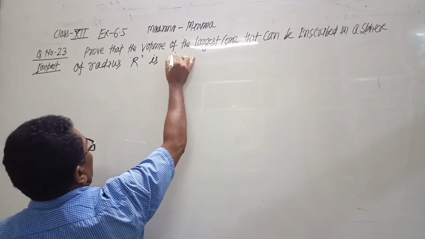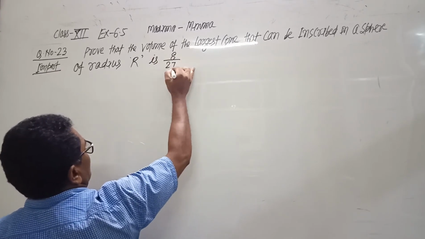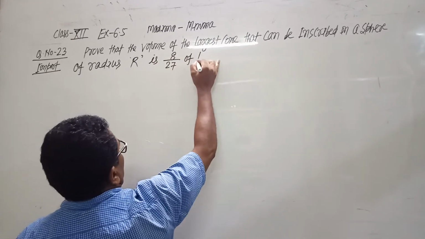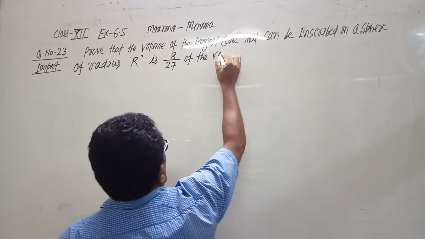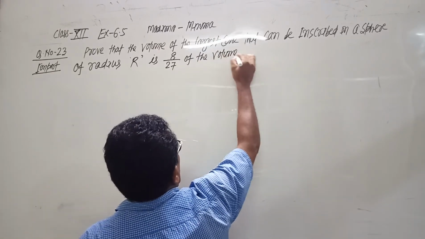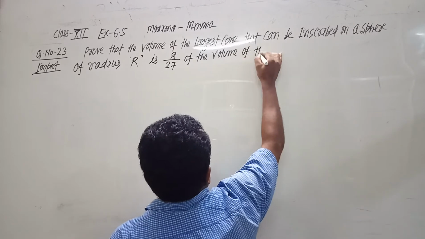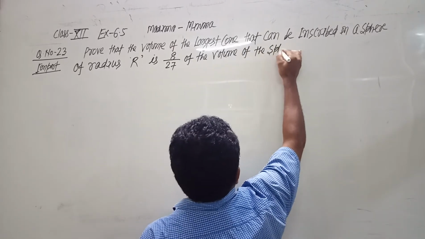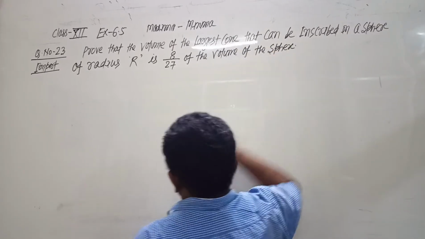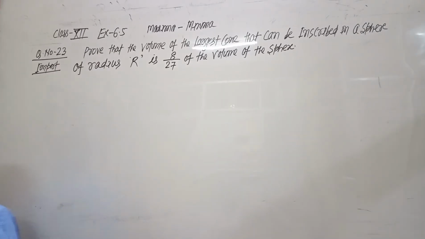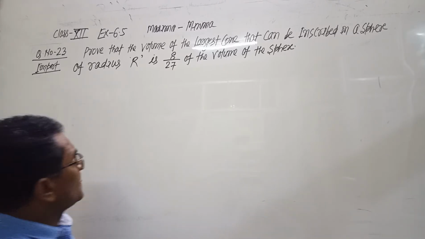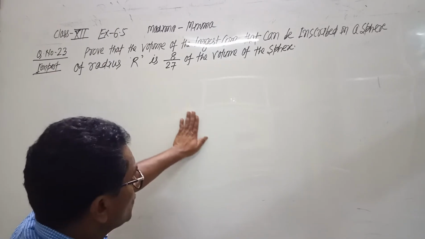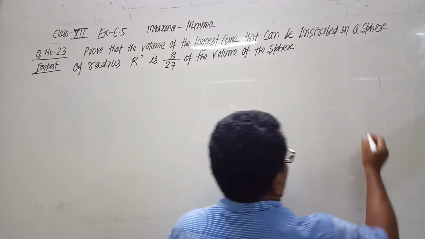8 by 27 of the volume of the sphere. So a cone is inscribed in a sphere.